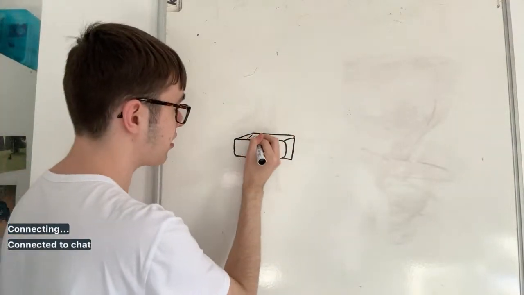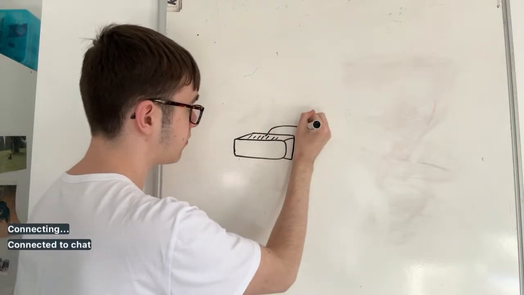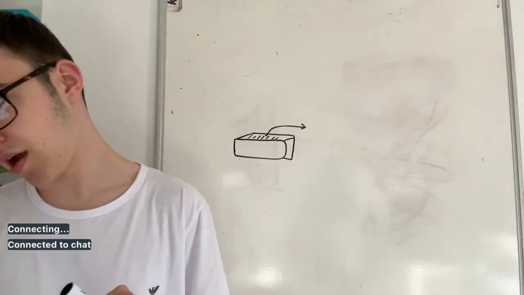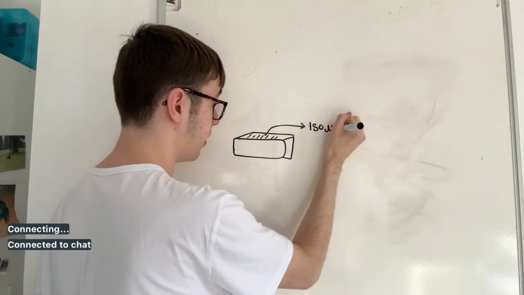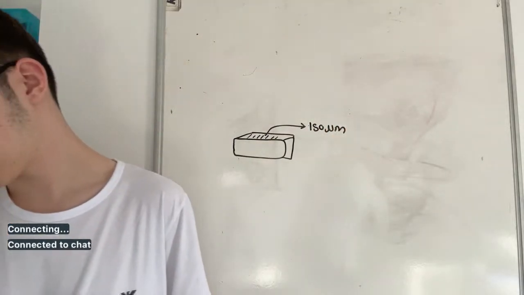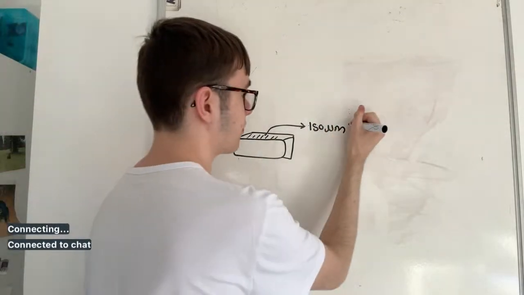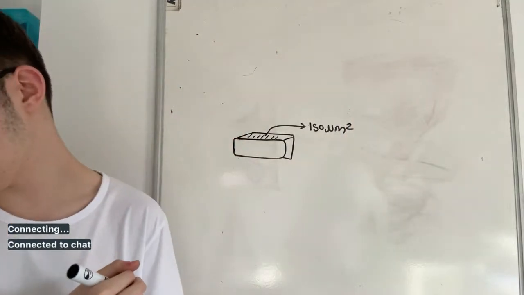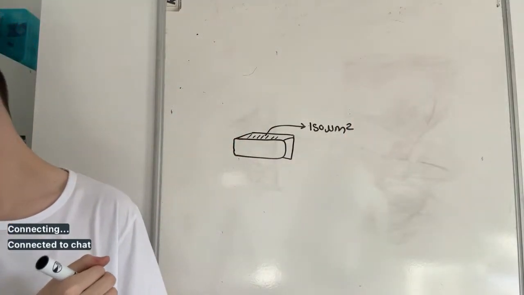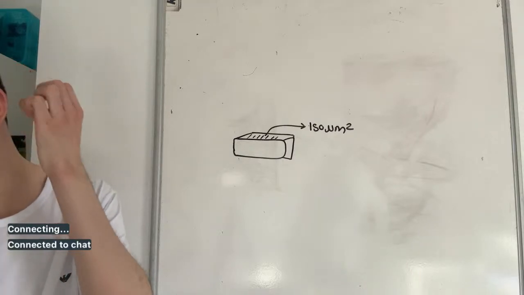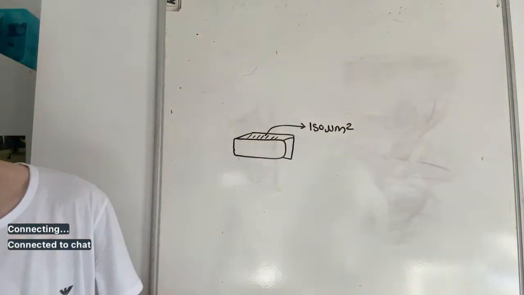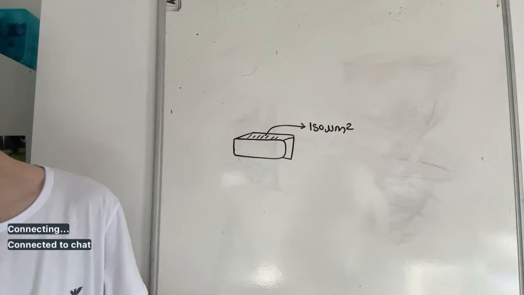And it's saying this area right here is 150 squared. It's saying the total area of the upper surface of the leaf is 70.65 centimeters. Calculate the number of cells.